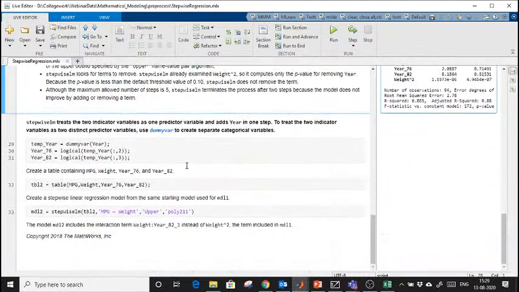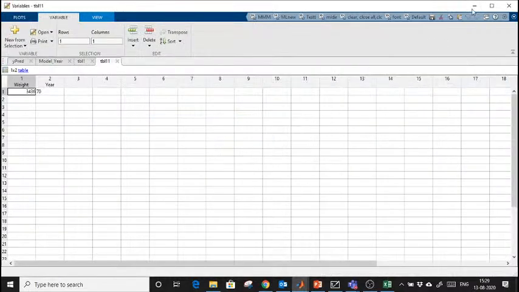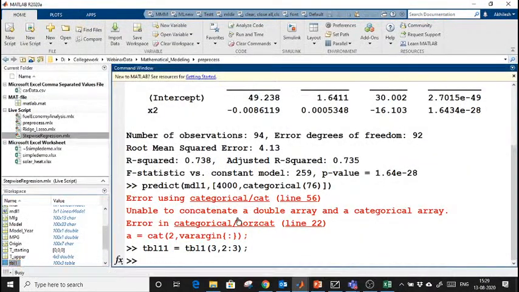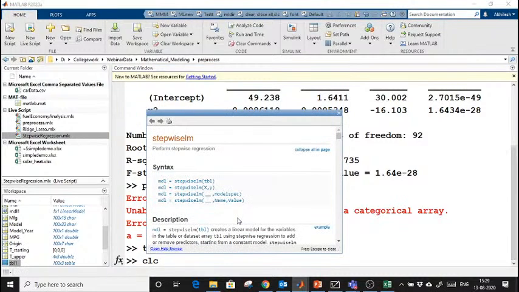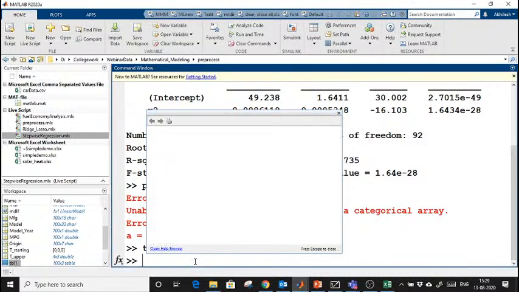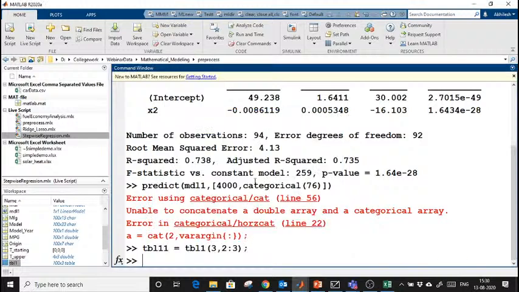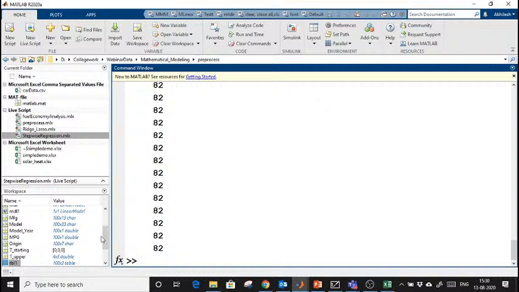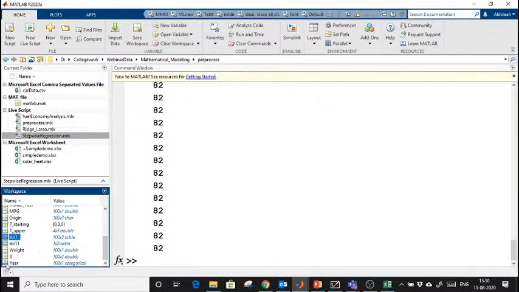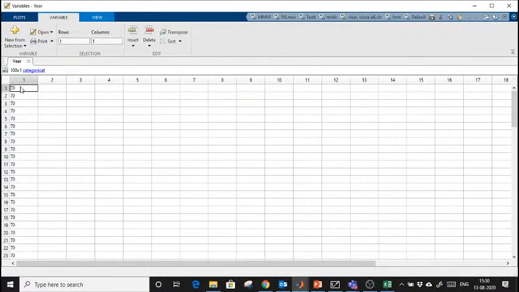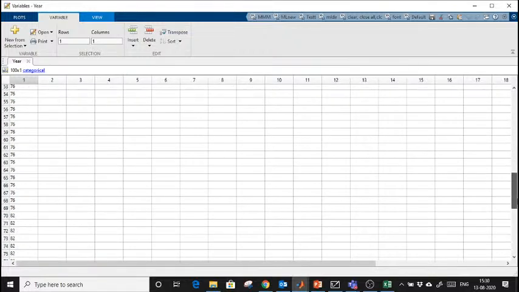Okay, next one. We can create a dummy variable also, because let me show you one thing here. This is my year, right? If I open this year, these are categorical data: 70, 76, 82.